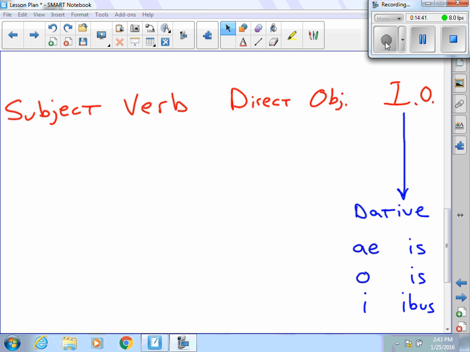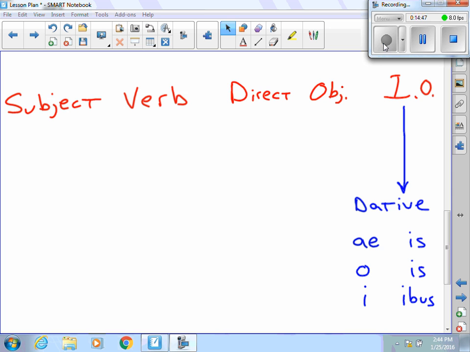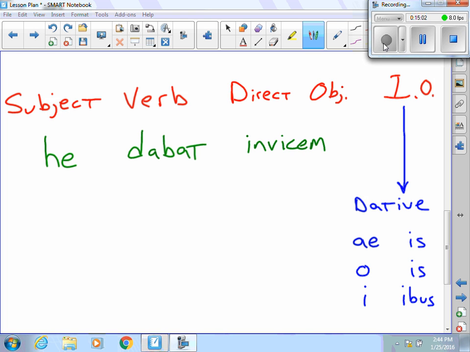Okay, in this sentence, we have no subject, so we're going to give ourselves a subject of he. Then we have a verb, which is debat. We have possible direct objects of invicem and auxilium. And then we have the eis word, which is our indirect object.